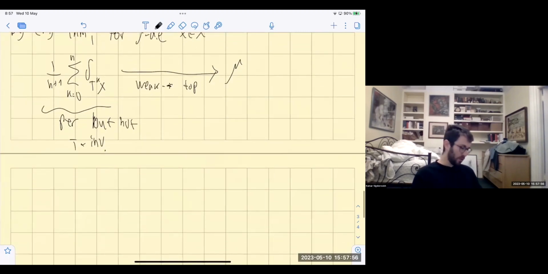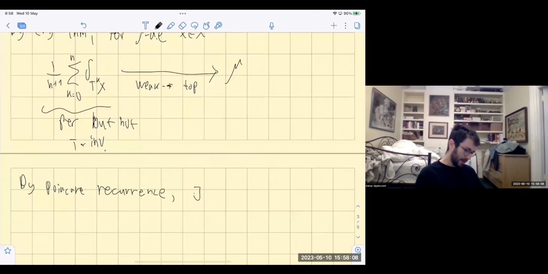So what can we do? By Poincaré recurrence, there exists n large enough, let's call this mu n.